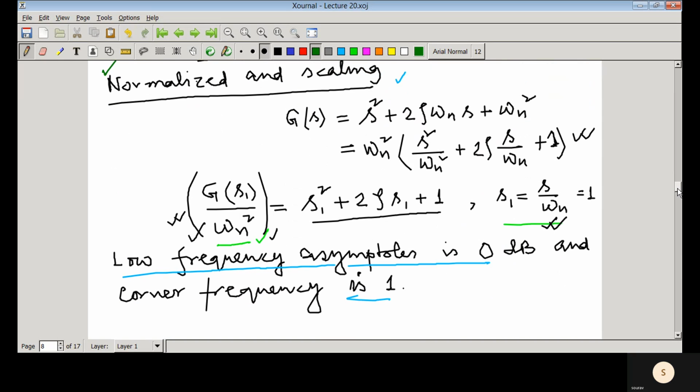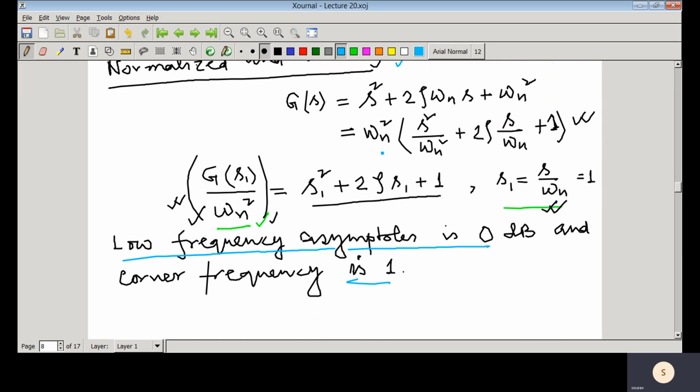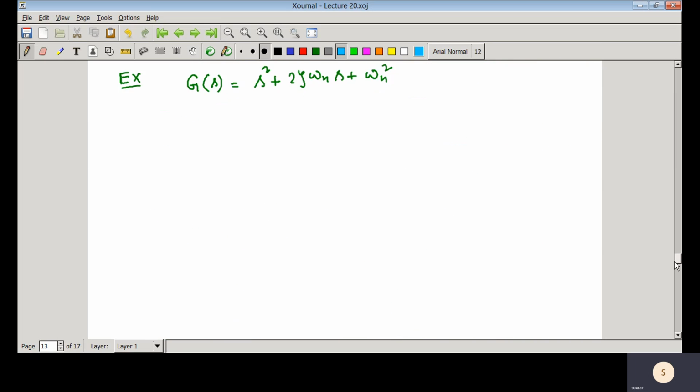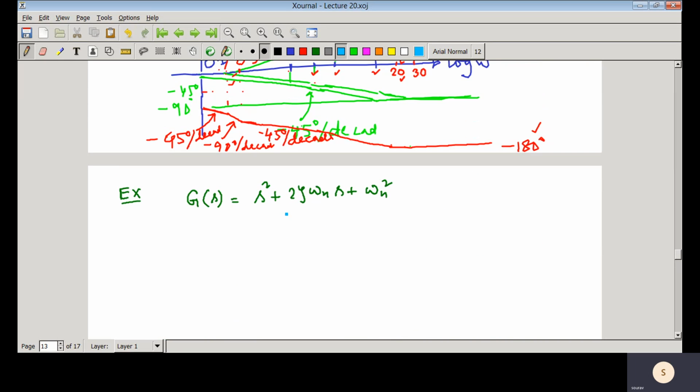So here we can write it in this particular form. If you write it in normalized form, that is G(s) by omega n squared, that would be s squared by omega n squared plus twice zeta s by omega n, and here you have 1.